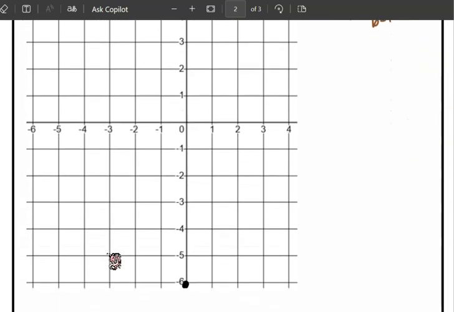Rise 3, then run 2 on the left side, since it's a negative value. Then connect the points. And let's label it parent.